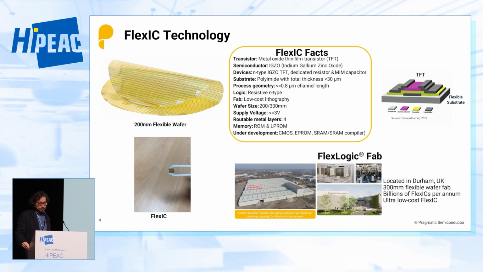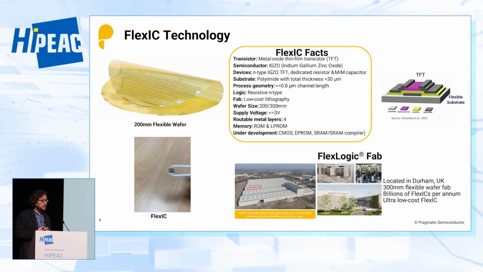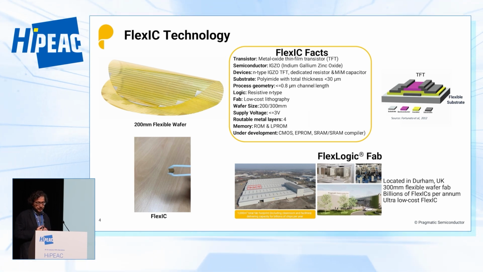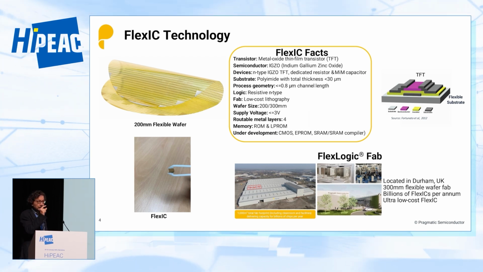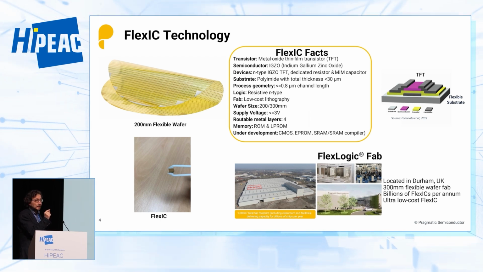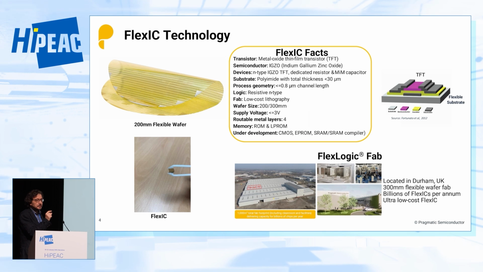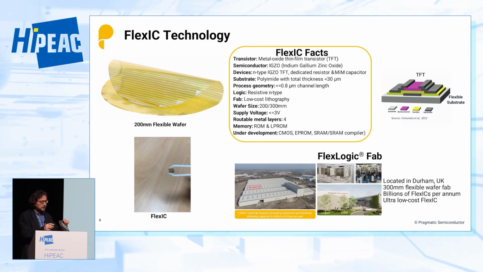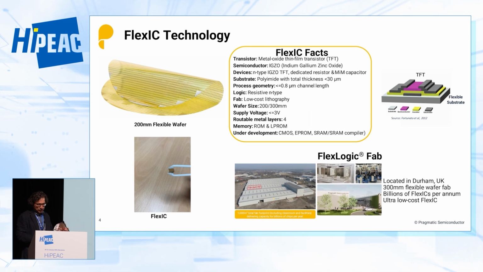We have industry standard 200 and 300 millimeter fabrication. The substrate is called polyimide, which is extremely thin, less than 30 microns, and that makes it so flexible and bendable.